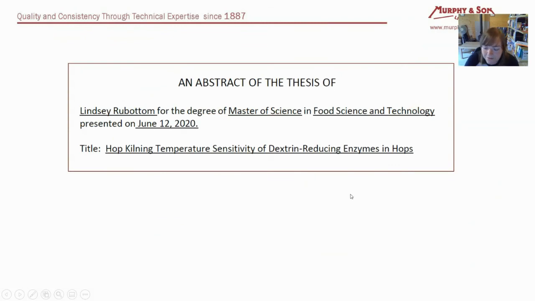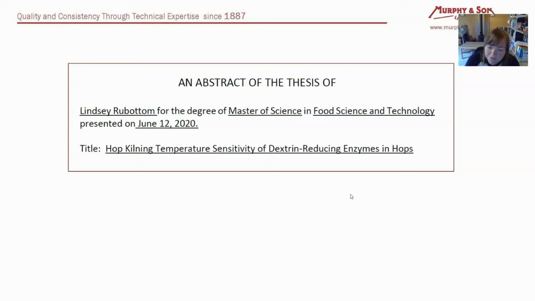So I just wanted to end on this note. It's very new research, again from somebody in Tom Shellhammer's lab, Lindsay Rubottom. Her thoughts were that low temperature drying is thought to preserve volatile aroma compounds, but as we've done that, we've allowed the enzymes which break down these long chain dextrins to be available.